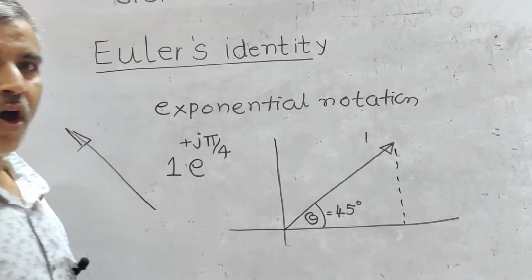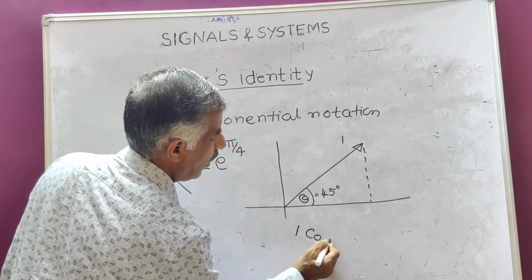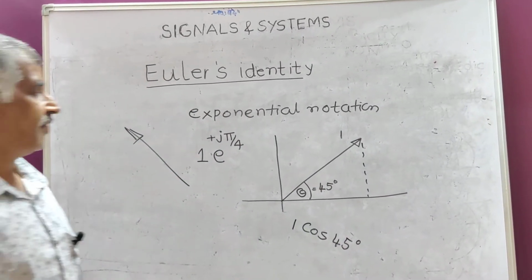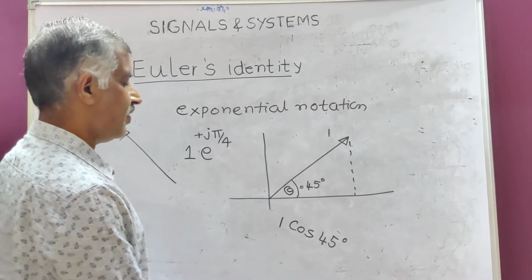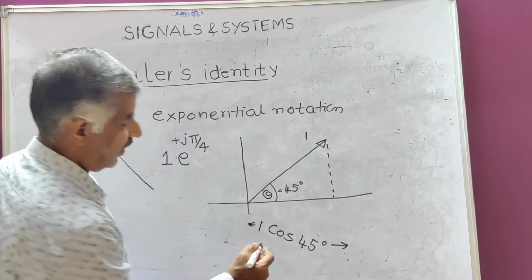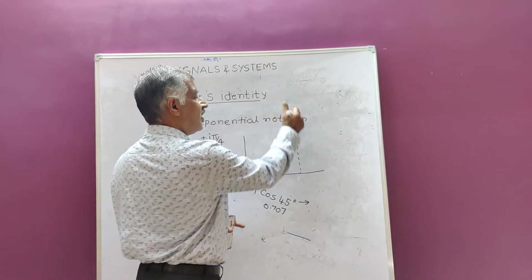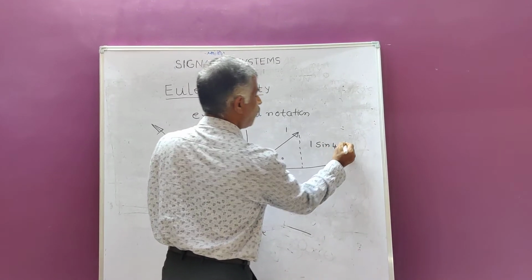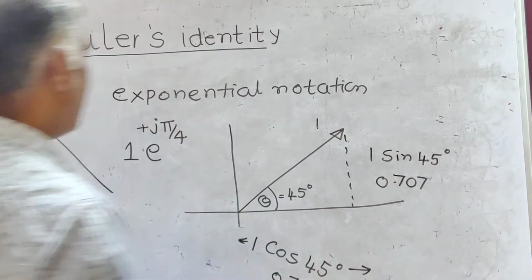The horizontal component is always given by 1 cos 45 degrees, where 45 degrees is the inclination. 1 cos 45 degrees amounts to 0.707. Next, the vertical component is 1 sin 45 degrees, which also amounts to 0.707.